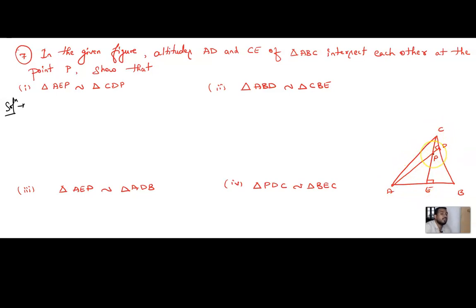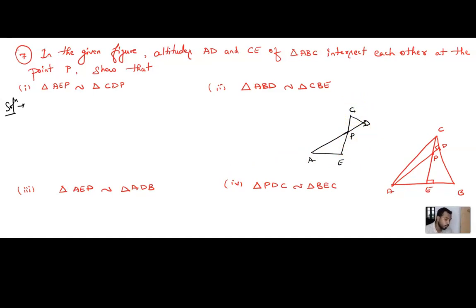CDP, can you see the triangle CDP? Yes. This is A, E and this line is P. Correct, no children? CDP, same line extension, and it goes here. So this is the point D and this is the point C. That is triangle AEP and triangle CDP.